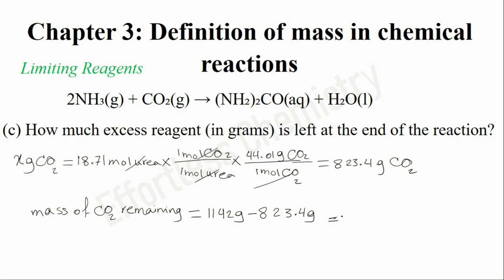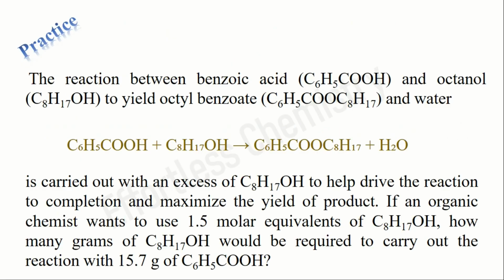The remaining is 318.6 gram of carbon dioxide. It shows that carbon dioxide is the excess reagent, and this amount would remain after the end of the reaction, while all the ammonia would be consumed during the reaction, because ammonia is the limiting reagent.